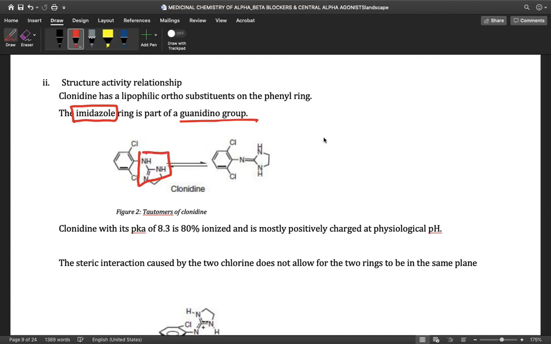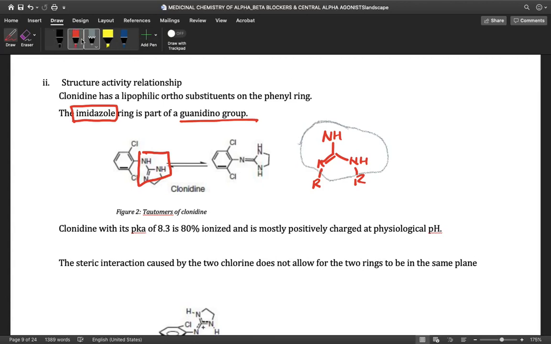Okay, we have these NH carbon, you have N, I'll put an R group here, then another NH and R group here. Okay, so remember those structures and be able to pick it out. If I give you a series of drugs, be able to identify the guanidino group here.